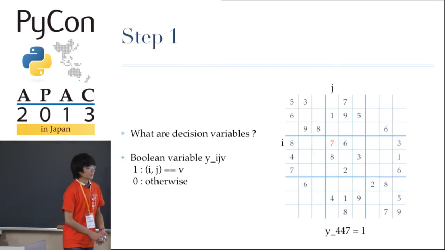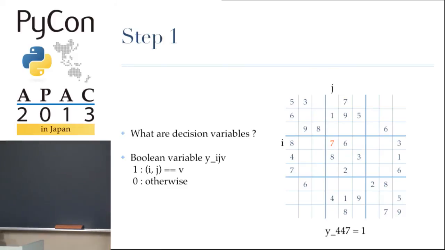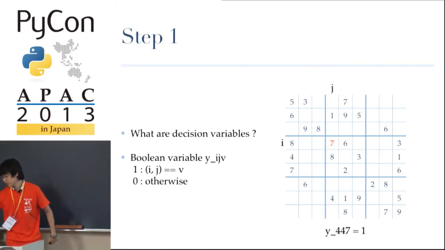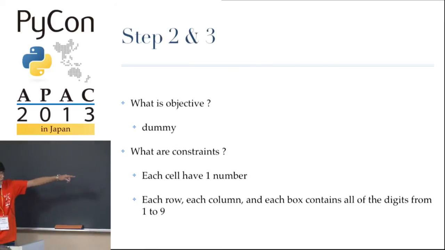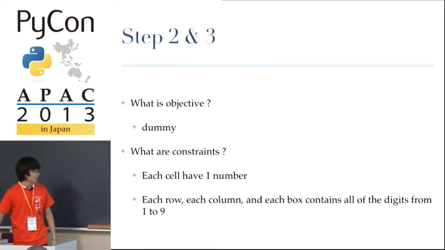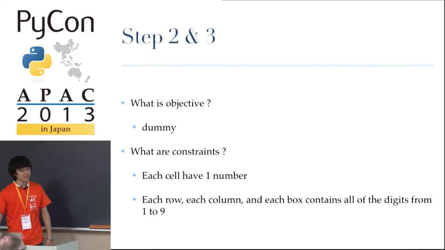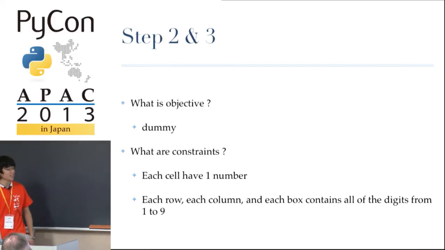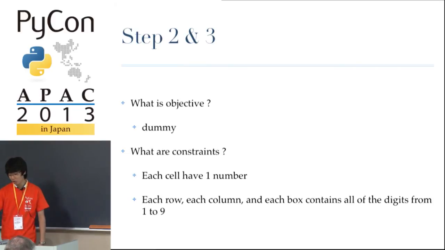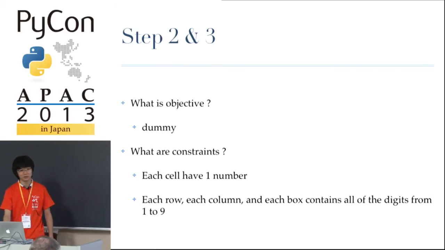Only one number is located in one cell. This is the first constraint. And next, the Sudoku puzzle rule: each row, each column and each box contains all of the digits from 1 to 9.